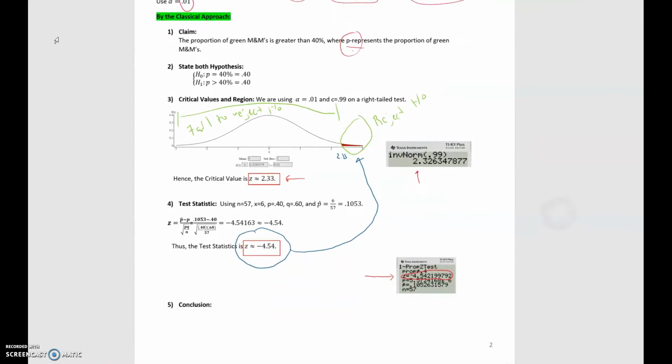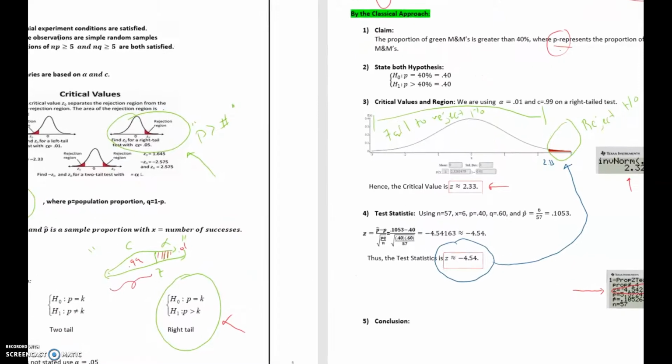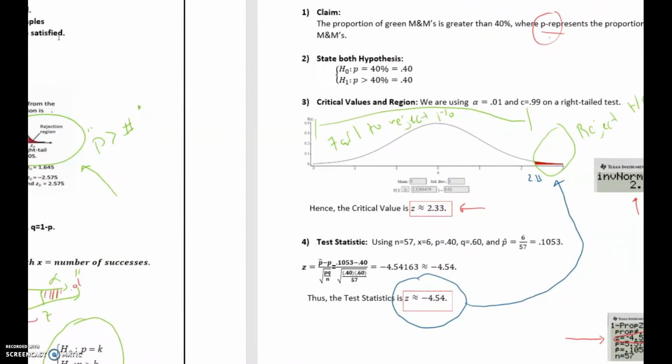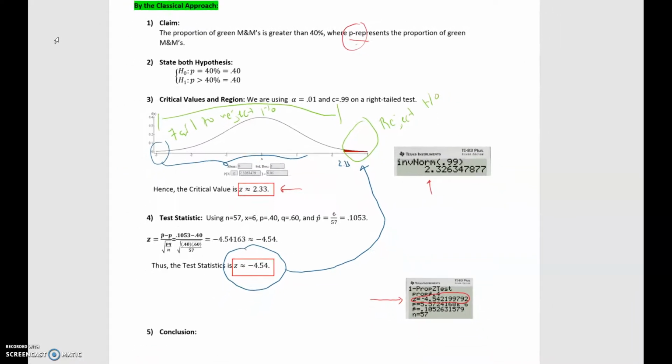If it falls under the non-shaded region, you would conclude fail to reject H0. In this case, because your test statistic is out here on the left, you would fail to reject H0.